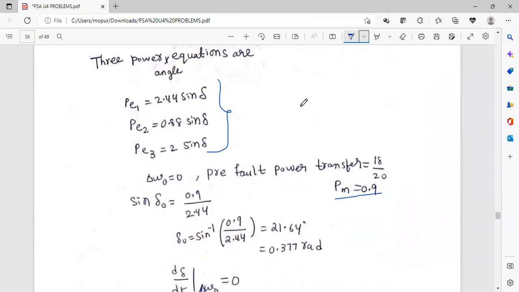So this del naught is equal to sine inverse of PM in per unit, mechanical power in per unit, divided by PE1 max.